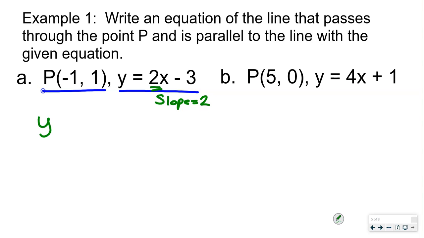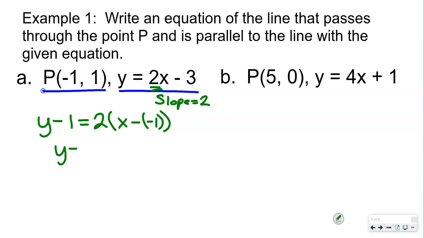So we have y minus 1 equals our slope 2 times x minus negative 1, or x plus 1. And then we just need to write this in slope-intercept form, and we've got our line.